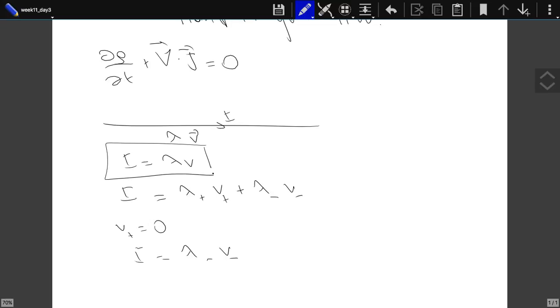Since the negative charges entering a segment and leaving that segment are equal, the total amount of negative charge in this segment is not changing. It's always equal to the total number of positive charges, so the total charge is zero.